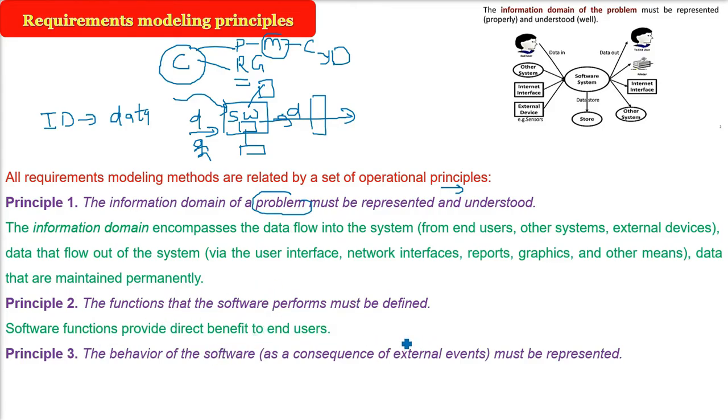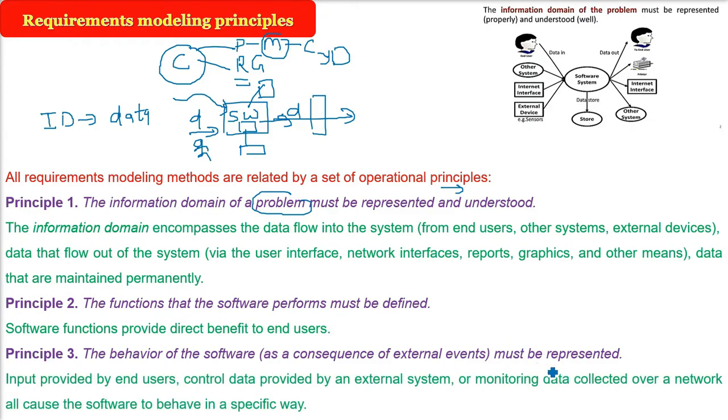The next one, principle number 3, is that the behavior of the software as a consequence of external events must be represented. The software you have made faces many events and triggers: when the user provides input, how control data is provided by an external system, how you monitor data coming inside and going outside over the network, and how the software is going to behave or act in a certain way if certain activities are done.